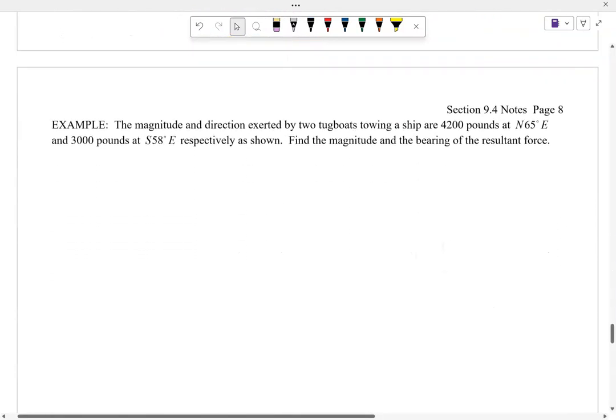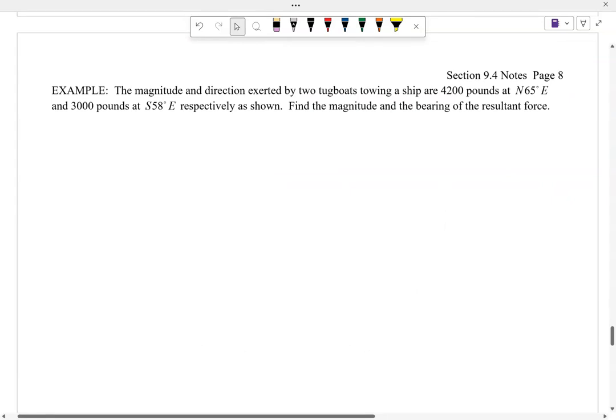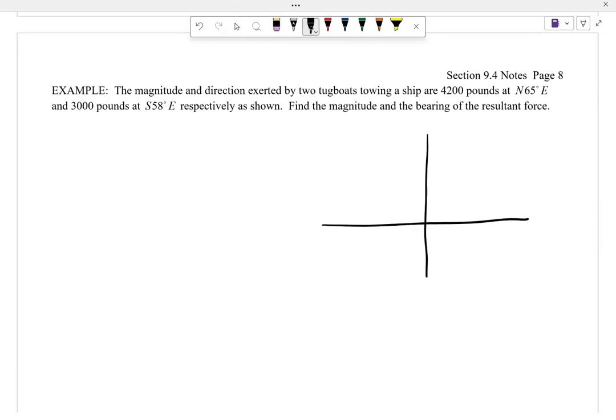Let's do another one here. Find the magnitude and direction exerted by 2 tugboats towing a ship. 4,200 pounds at north 65. Let's draw this. North, 65 off of the north, and I'm doing this for 4,200 pounds.